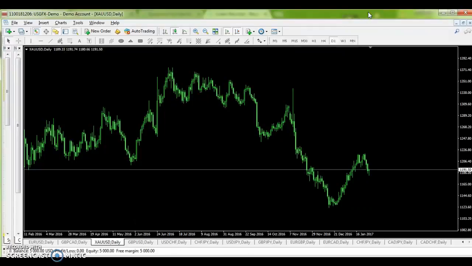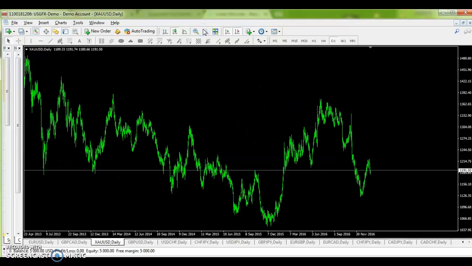This is the daily chart of gold. In order to know the exact position, what's going on, I need to know the bigger picture. For this, I need to zoom out. As you can see, the gold chart is in a selling market, in a bear market, because every higher low has a lower high and it couldn't breach the previous high.